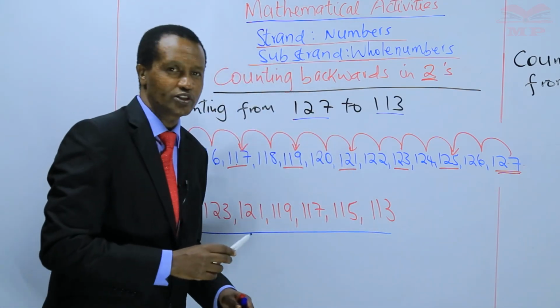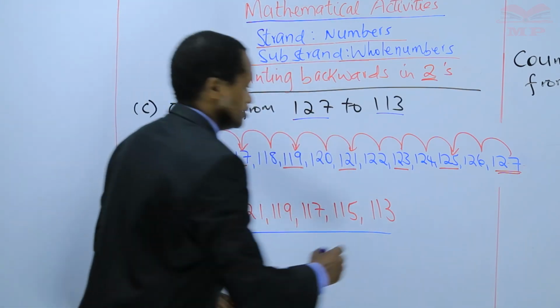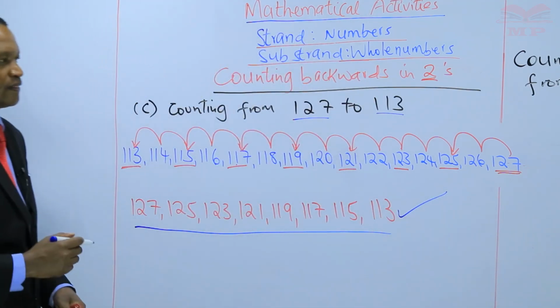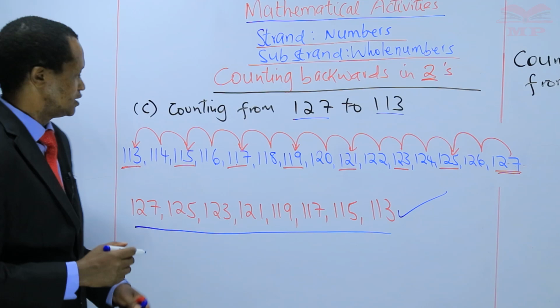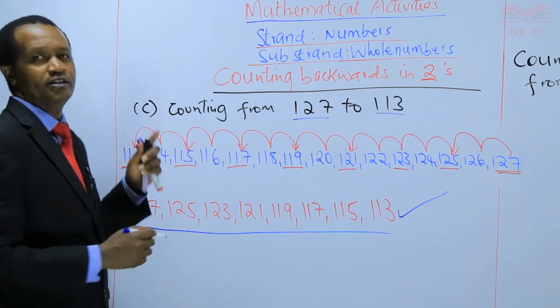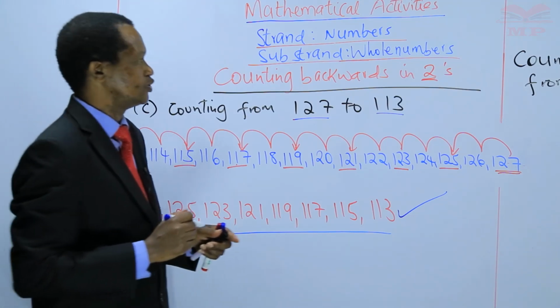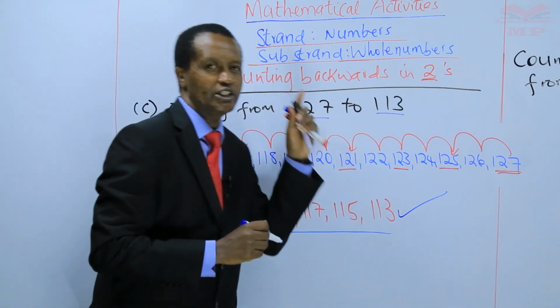Is that the answer you got? If you got the answer, you give yourself a mark. That is part C. Learners, we are practicing. Practicing to do what? To count backwards in twos.